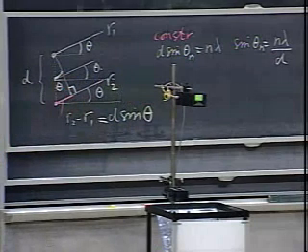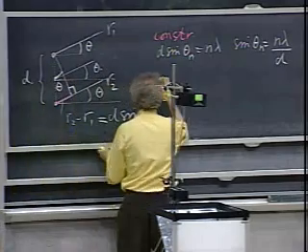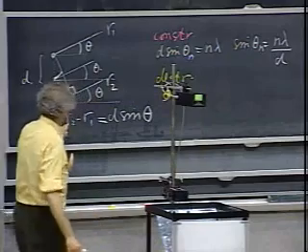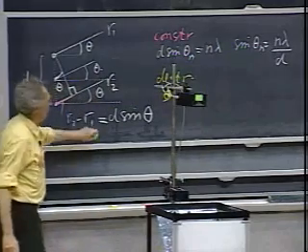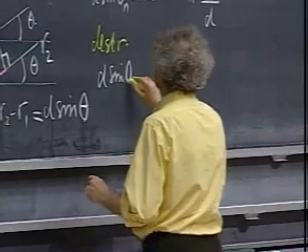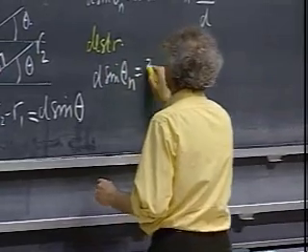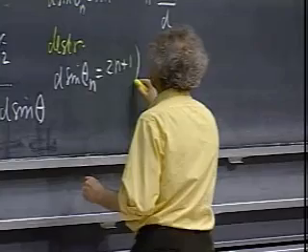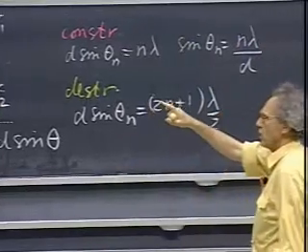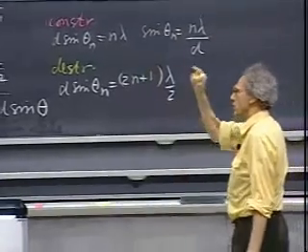And then I have the whole family of destructive interference, which would require that lambda, R2 minus R1, which is d sine theta, must now be (2n plus 1) times lambda divided by 2, just as we had it on the blackboard there. We discussed that earlier.